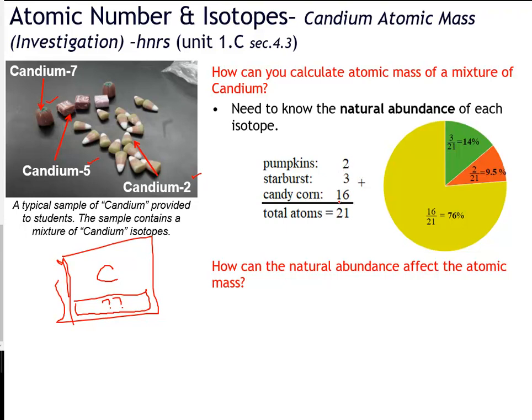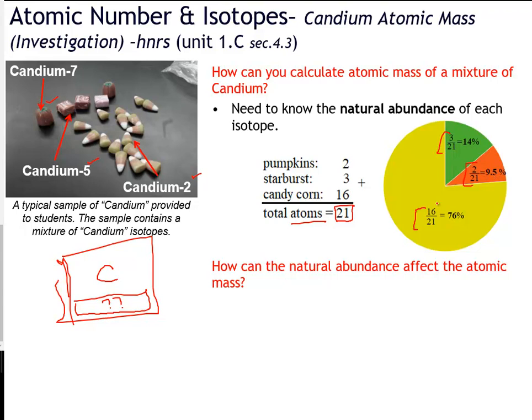If you add them all up on the screen, you'll find there's a total of 21 candies, 21 atoms. The abundance of each of these is essentially a fraction. For the candy corns, we're going to have 16 over 21. The starburst, we're going to have 3 over 21, and the pumpkins, we're going to have 2 over 21. So when we multiply them by 100, you'll get these percentages.